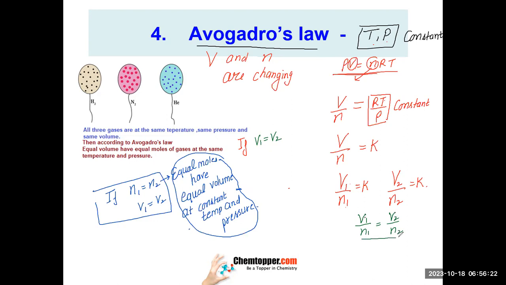So what's the relation between them? Can I say n1 equals n2? Now define. The way I defined here, this is equal volumes, equal moles. Define in this manner. All of you, please type the definition and define the condition also. You have to say the condition under which this is valid.